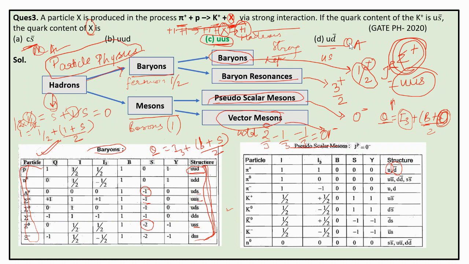But here, the strange particle is a baryon. So we are left with these two, but we know that one strangeness is coming, so this one will be the answer. This is a short trick. When such questions come in the examination and they are of 1 mark, just use this.